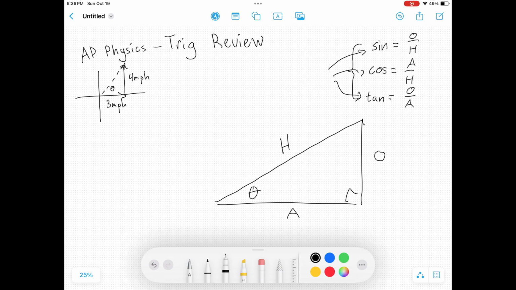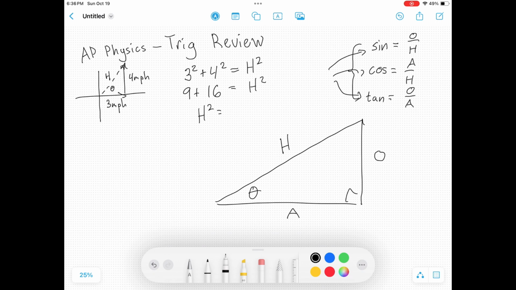So Pythagorean theorem, you should likely remember by now. So 3 squared, so a squared, plus b squared, so 4 squared, is equal to this side squared, so h squared. I'm just going to write h squared because we're dealing with trig notation, so I'm going to use SOHCAHTOA. So this is 9 plus 16 is equal to h squared.